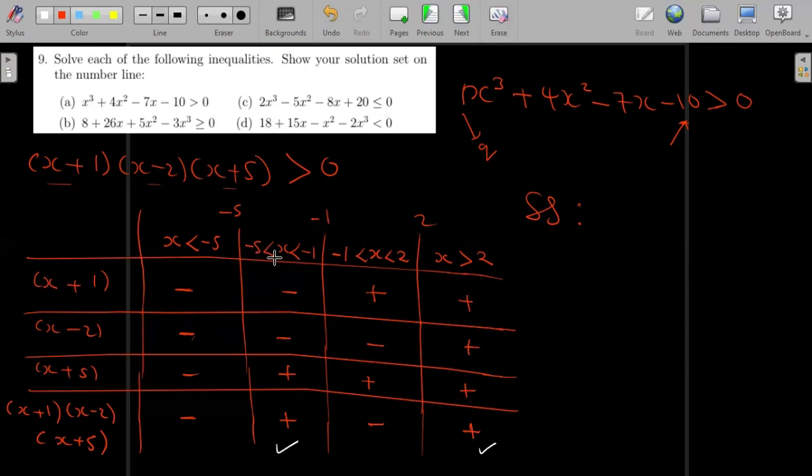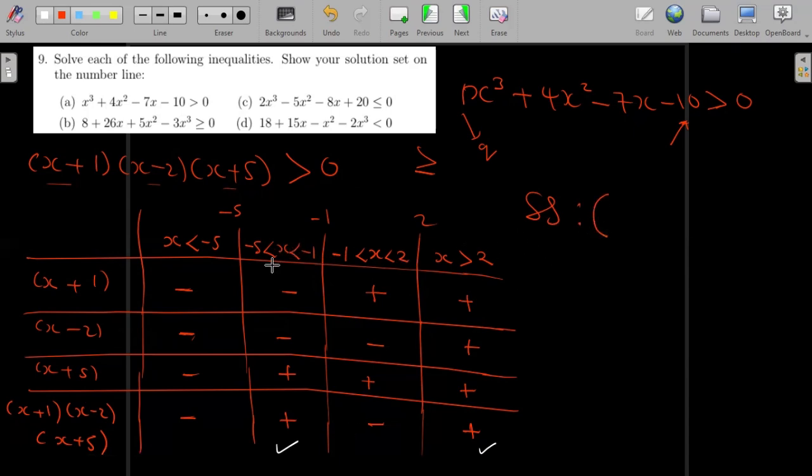If we put greater than or equal to, and you take -5, replacing it in this equation you'll get 0, but we don't want a 0. So our solution set is strictly greater than, which means we'll have open sets here.